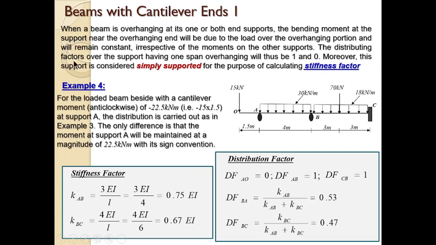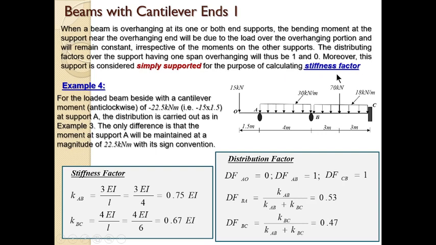And the distribution factor over the support having one span overhanging will thus be 1 and 0, as you will see when we go to the example. Moreover, what you should note is that this support is taken as simply supported for the purpose of calculating stiffness factor.